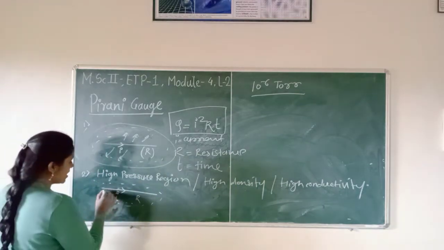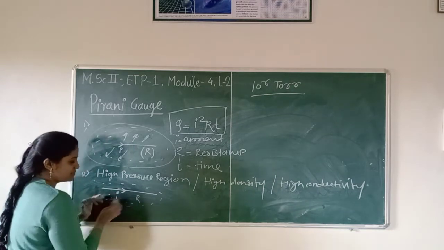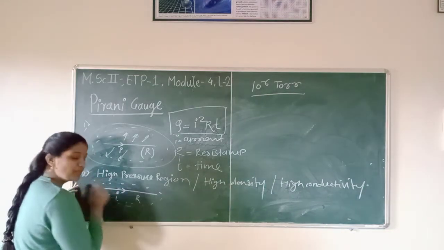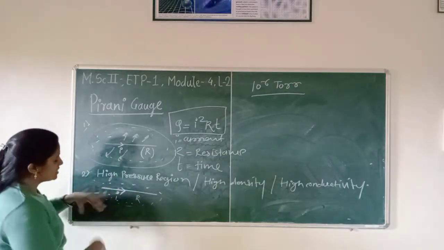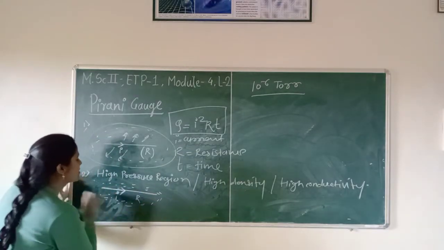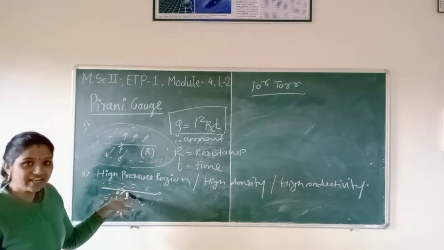Okay, clear? Now, when that current is passing through that wire, that wire is dissipating heat. Okay, this is clear. Now, if there is a high number of molecules in the surrounding of that wire, then what happens?